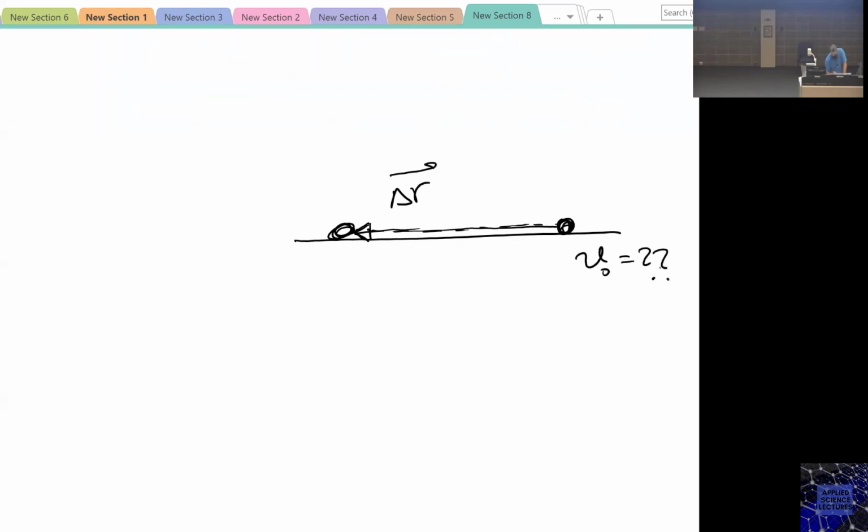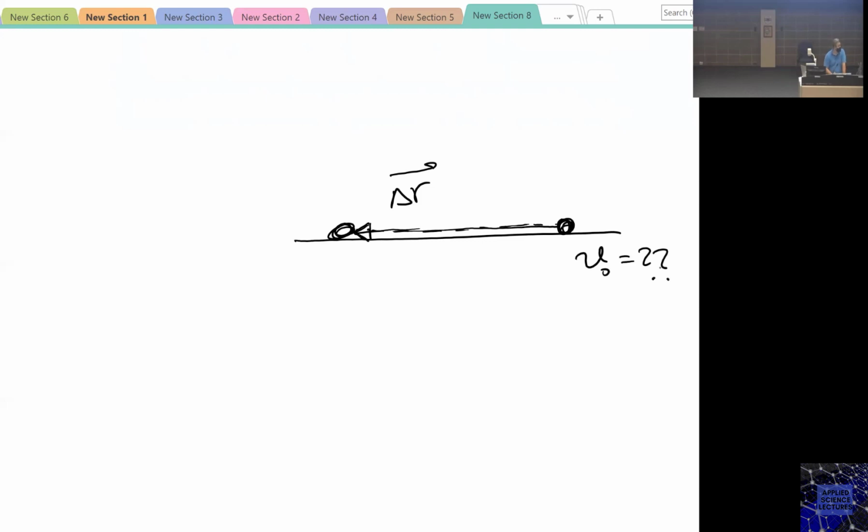So I have the ice skater here, where he started to slide. He slid all the way to here before he reached the final destination. So my displacement here is delta R. I have V naught, the initial velocity, that I don't know.